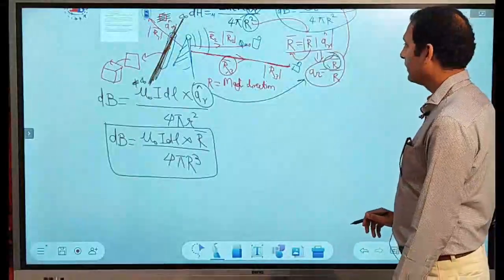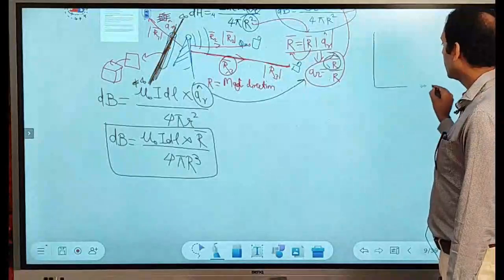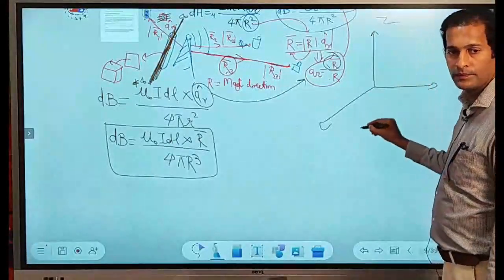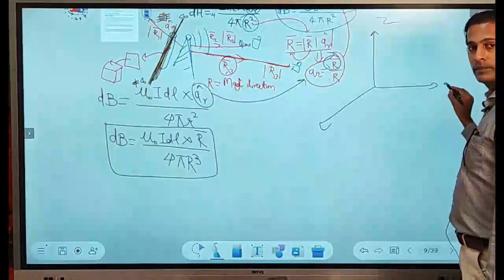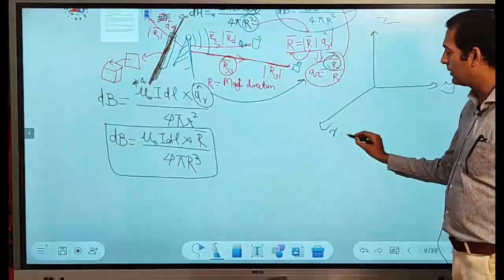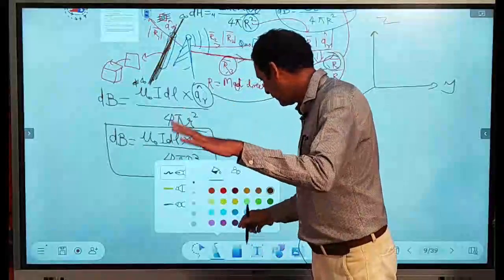So for that we have to consider one setup. We'll consider three axes. Say this is Z, now this is say Y, the third one is X, right? So this is just a space, consider this is one space.